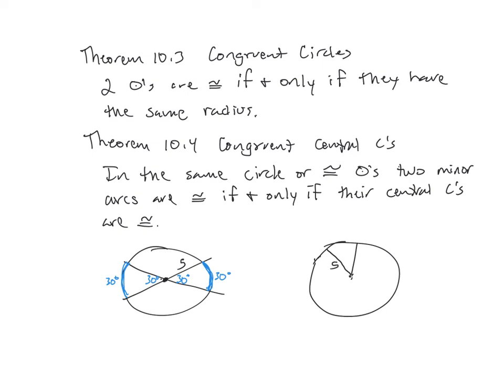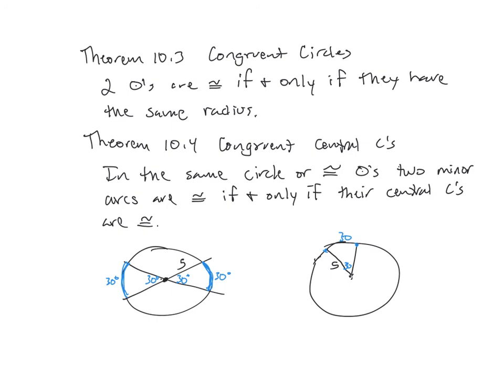If that radius is 5, now I have congruent circles. Well, if that's 30, then that's 30, so the arcs are congruent. It's fairly straightforward. But it's also talking about the arcs being congruent in distance, and we'll come back to that down the road.